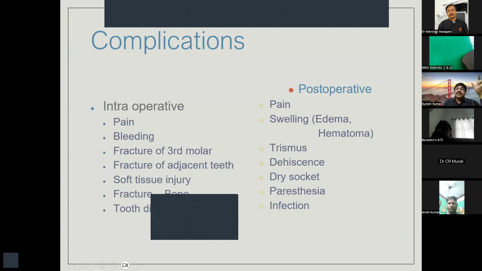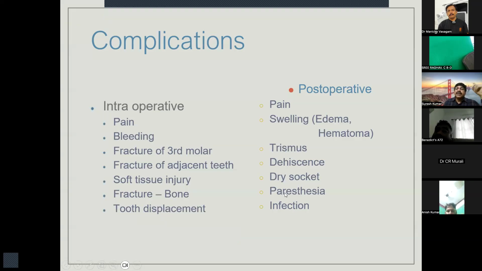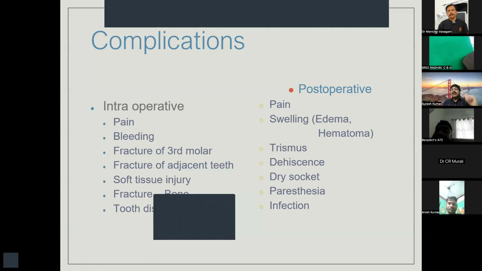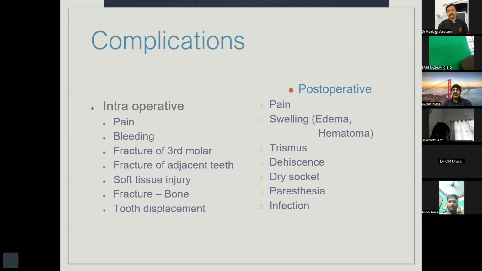Or paresthesia, as we have been studying about the IAN relationship, paresthesia is a possibility. Paresthesia can occur by injuring two nerves. Injury to the inferior alveolar nerve will cause paresthesia of the lower lip on one side. Injury to the lingual nerve will cause paresthesia or altered sensation in half of the tongue on that side.